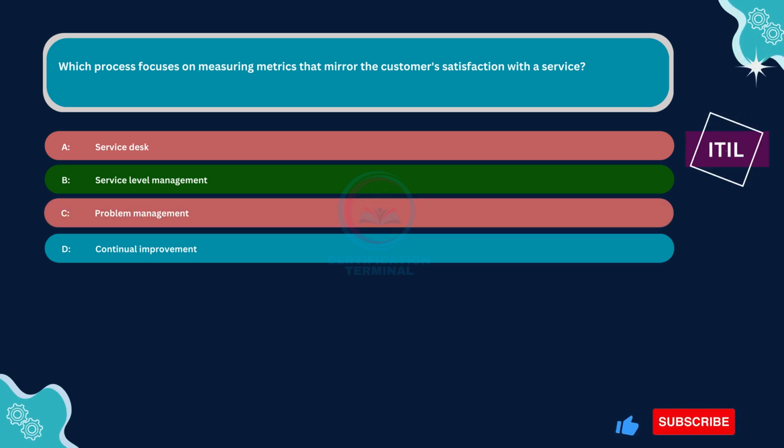Problem management is concerned with identifying and resolving the root causes of recurring incidents to prevent future occurrences. Option D, continual improvement, is incorrect. Continual improvement, often associated with the ITIL framework CSI, continual service improvement practice, focuses on identifying and implementing improvements to services, processes, and systems. Therefore, Option B, service level management, is correct.